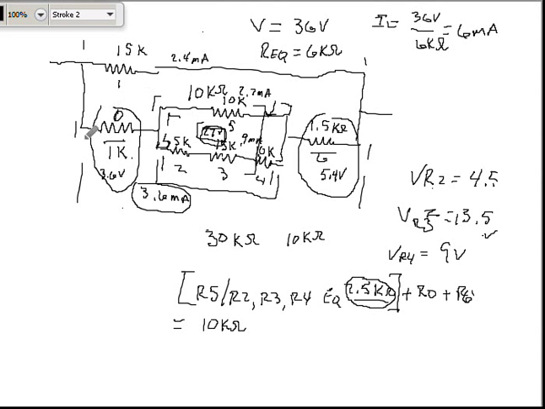Then series again, sum of the resistances to get that side, then back to parallel to get the total equivalent resistance. Once we had that, we could calculate the total current for the entire circuit, and then we could start expanding back out.